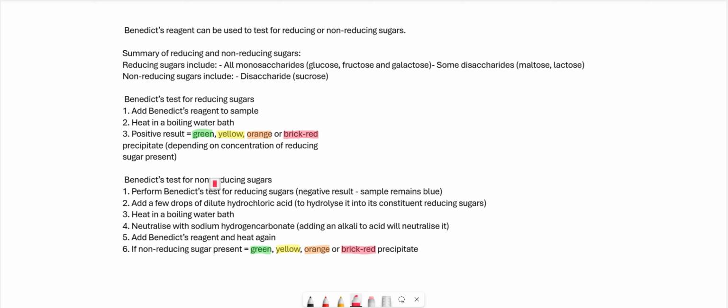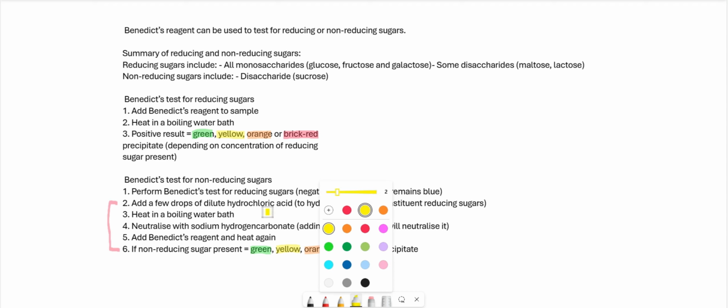This is where you come in at this stage, and you explain the key points. So you would add 3 drops of hydrochloric acid, and specifically dilute. This is key to mention within your answer. The reason this is there is to hydrolyze the sample into its constituent reducing sugars.